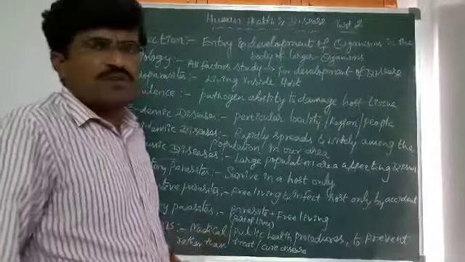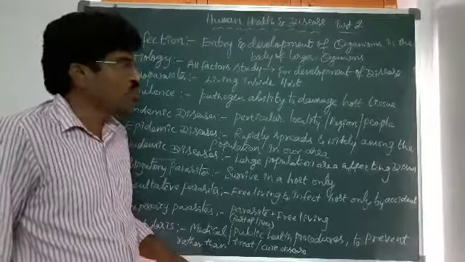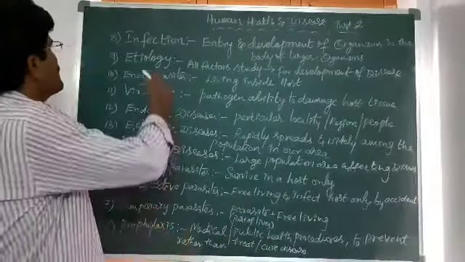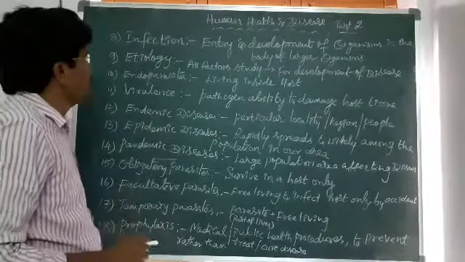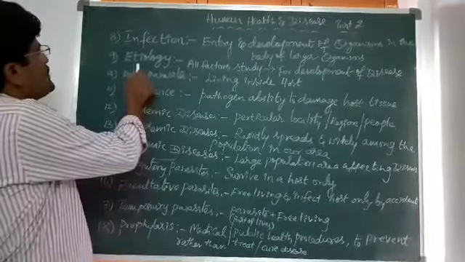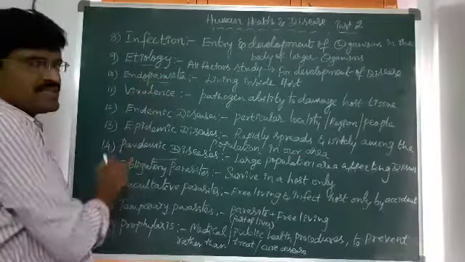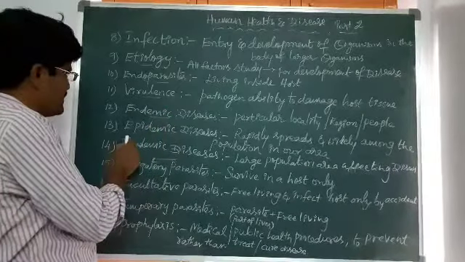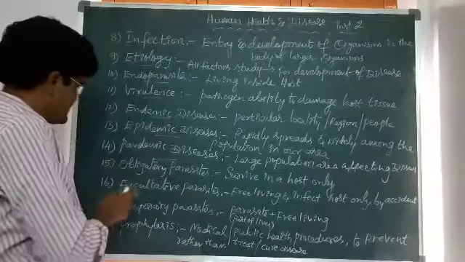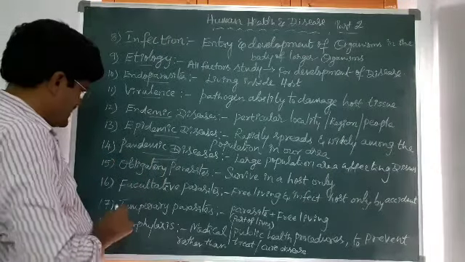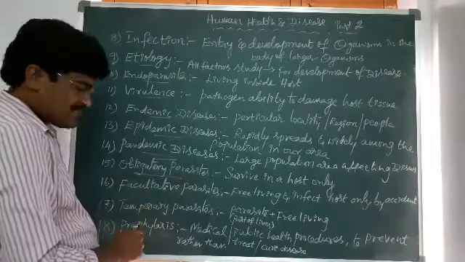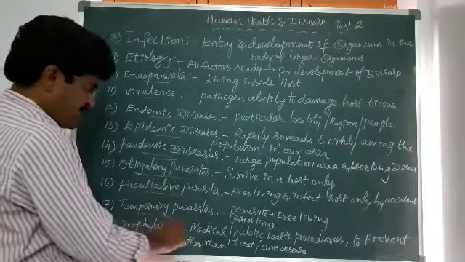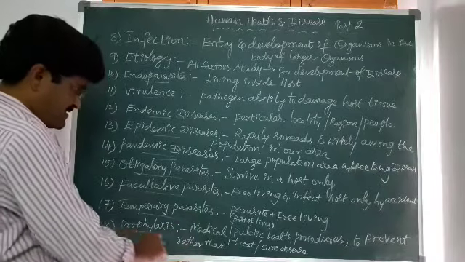In this session, Human Health and Disease, Part 2, some of the terminologies we will discuss are: 8th, infection; 9th, etiology; 10th, endoparasites; 11th, virulence; 12th, endemic disease; 13th, epidemic diseases; 14th, pandemic diseases; 15th, obligatory parasites; 16th, facultative parasites; 17th, temporary parasites; and 18th, prophylaxis.